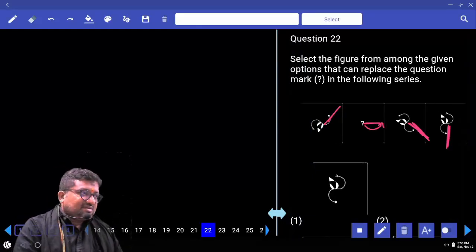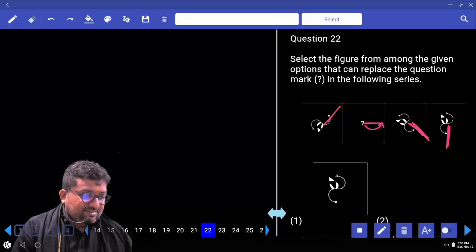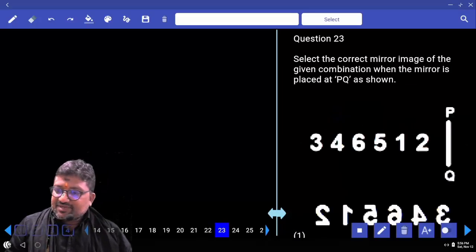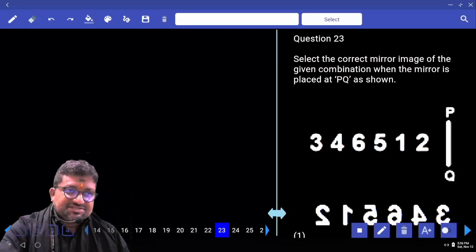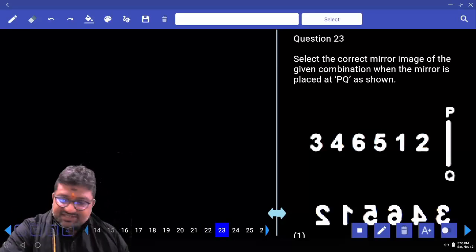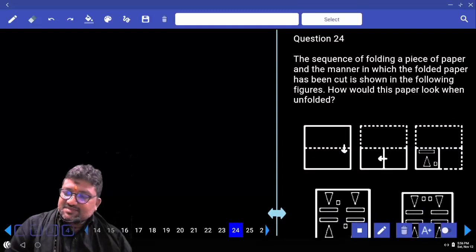Only one option: second option. 23, mirror image, water image. What's my answer? Dead easy, first option.